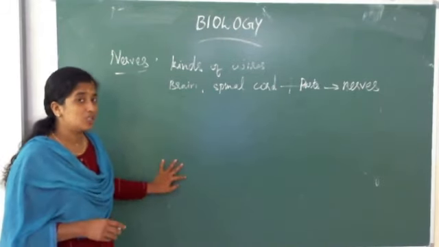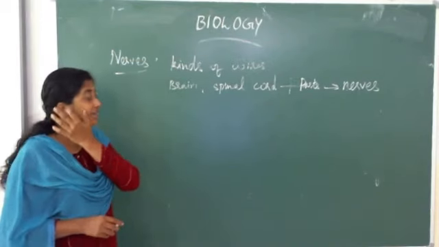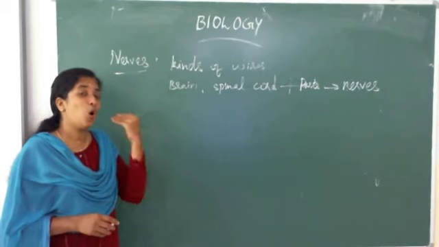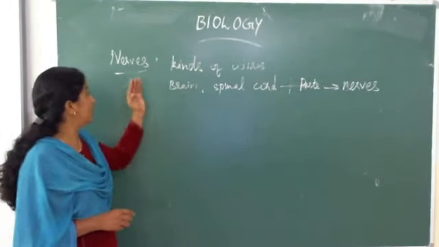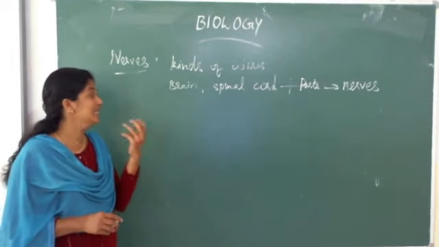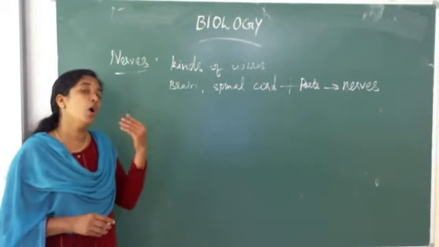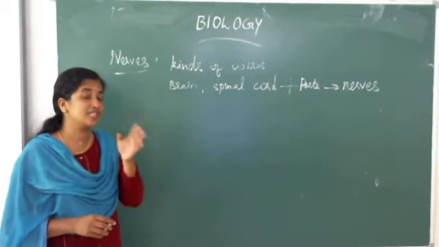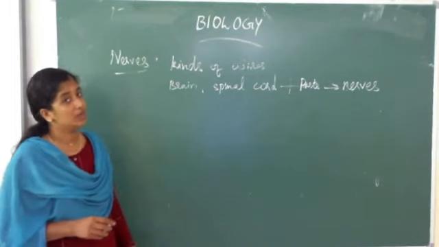The main parts of the nervous system, that is brain and spinal cord, are connected to all body parts mainly through these nerves.